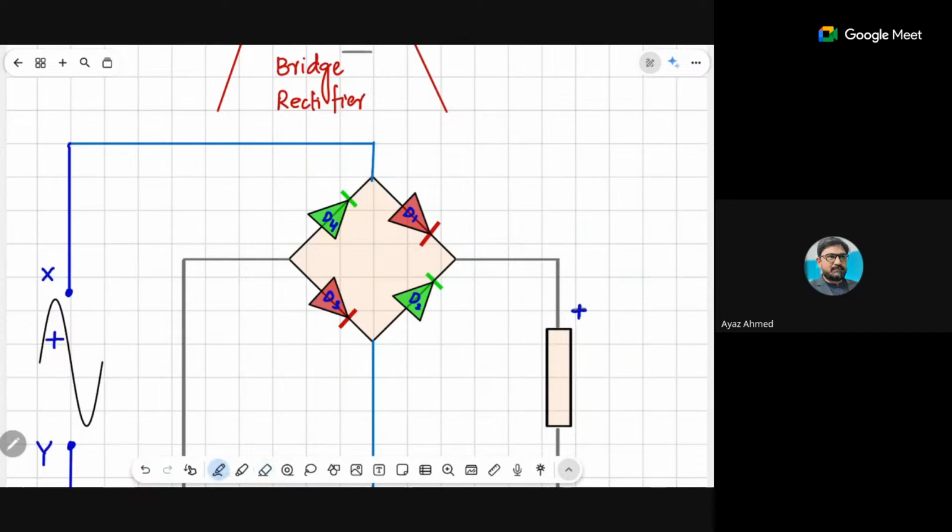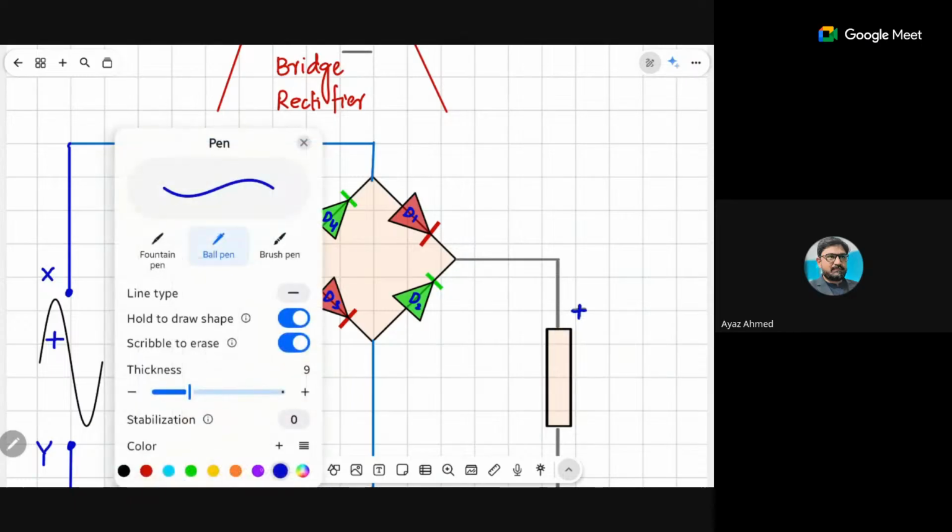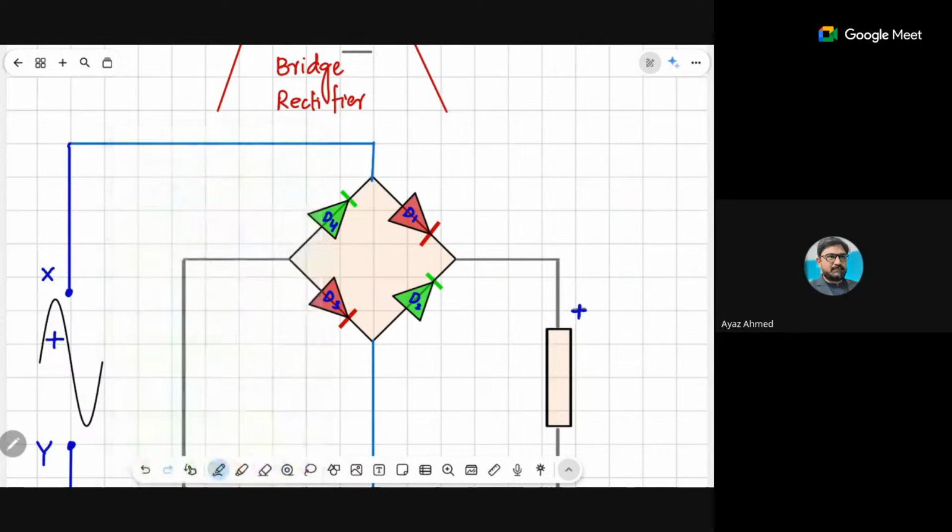Because this positive half cycle will allow the current to flow in this direction. This way the positive cycle will be flowing in this direction from the positive terminal.